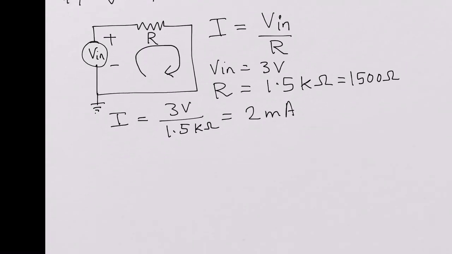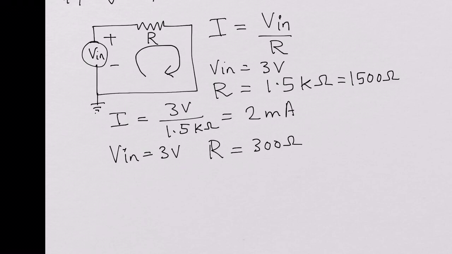Now let's assume Vin is still the same, 3 volts, but the resistance R is now say 300 ohms.